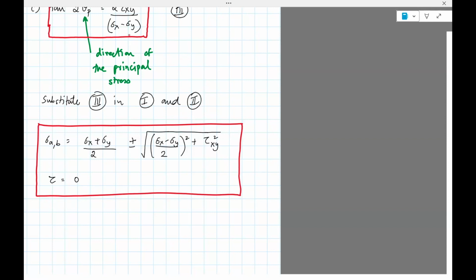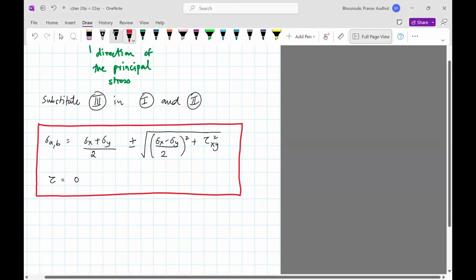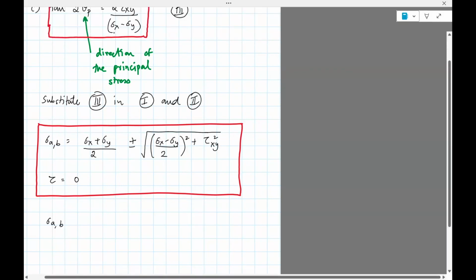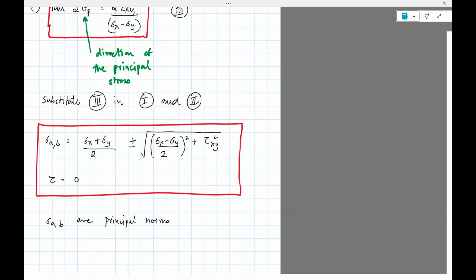Which means that there is a direction theta p where the principal stresses are non-zero. Okay, there's of course a special case when they could be 0, but typically non-zero, and then tau is equal to 0. Here sigma a, b are principal normal stresses.